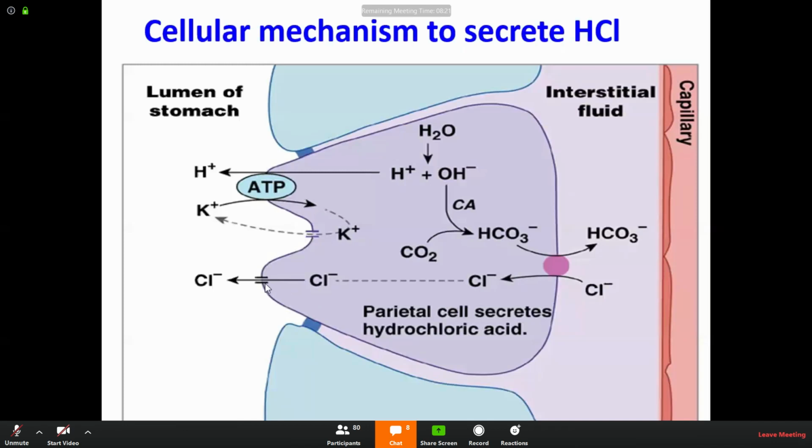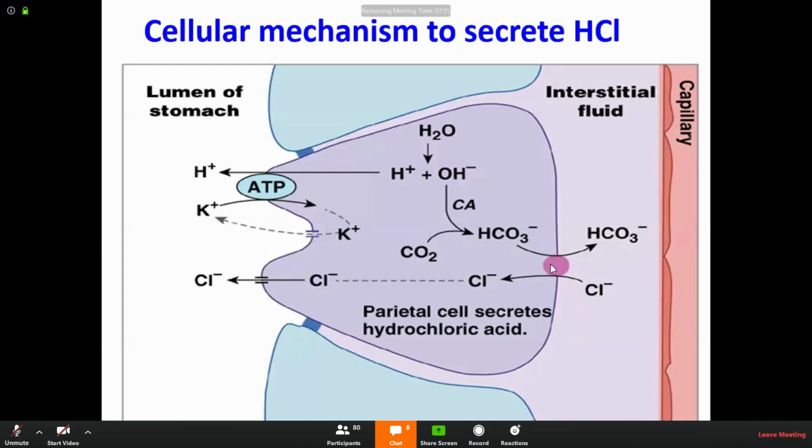So it goes to the canaliculi by the chloride transporter. It is passive: chloride ion goes to the canaliculi by the electrochemical gradient. This chloride ion is exchanged through the chloride bicarbonate exchanger.